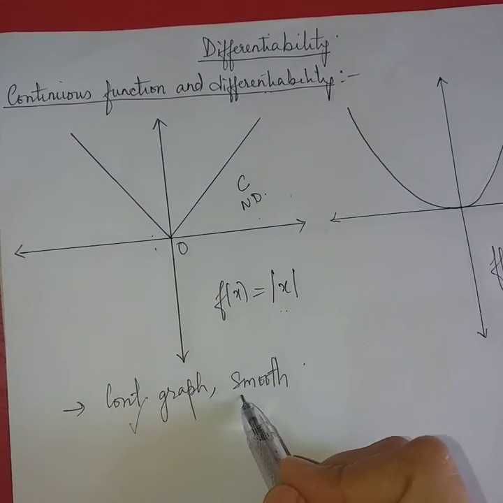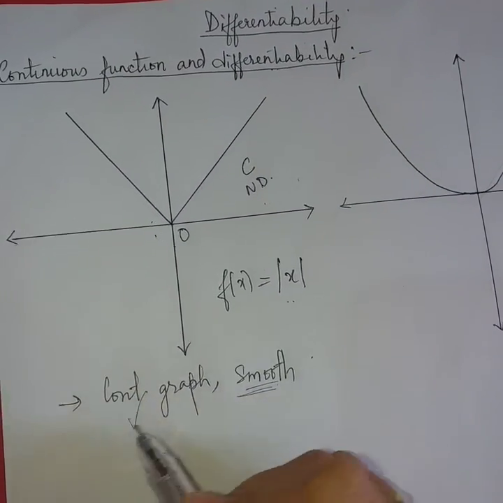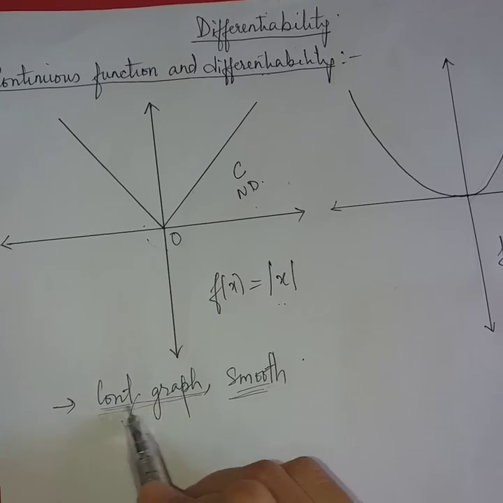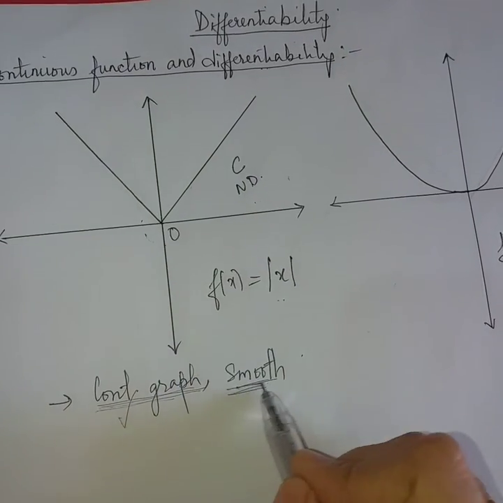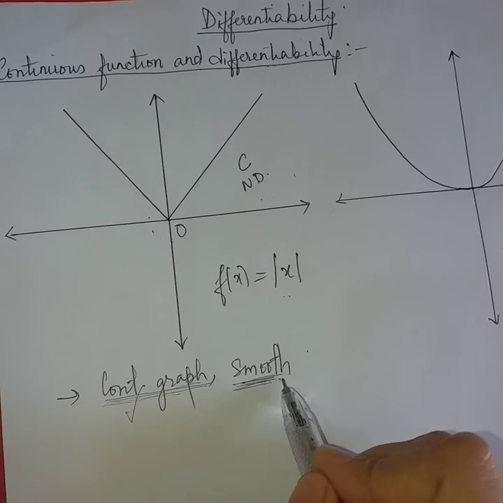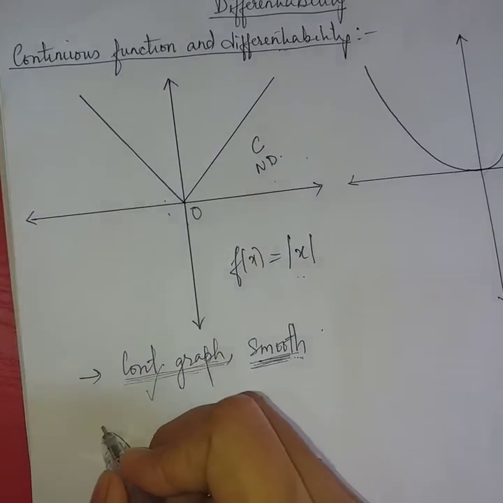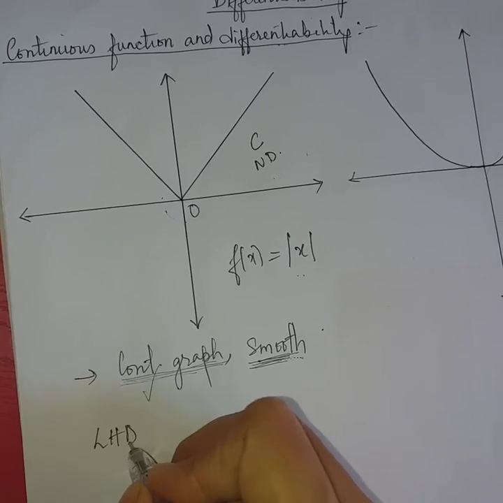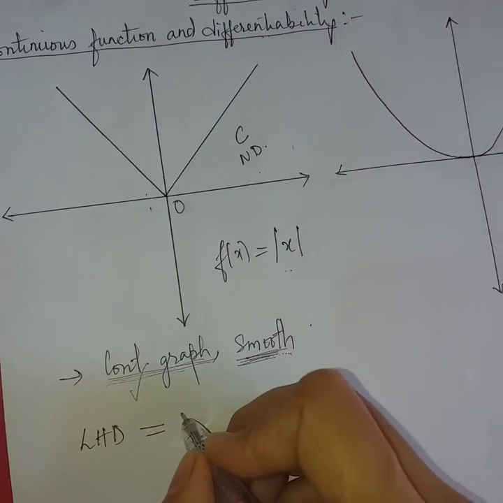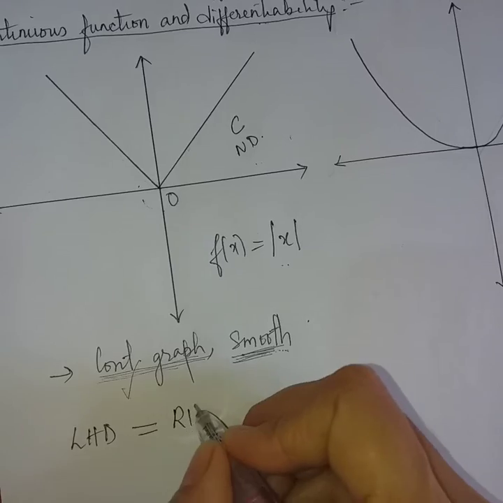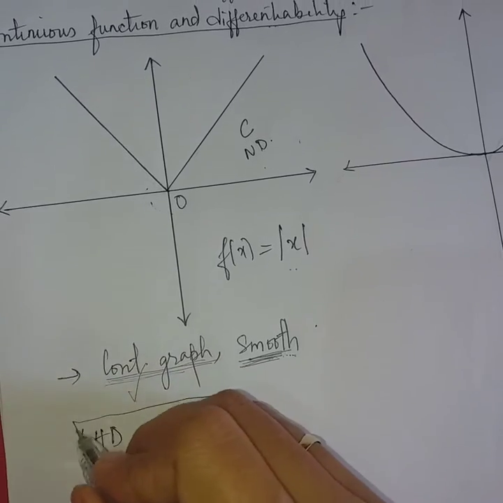We know how to check the continuity. Now the second condition is the smoothness of the graph. We have to check the smoothness of the graph using the left hand derivative and right hand derivative. The left hand derivative and the right hand derivative must be equal.